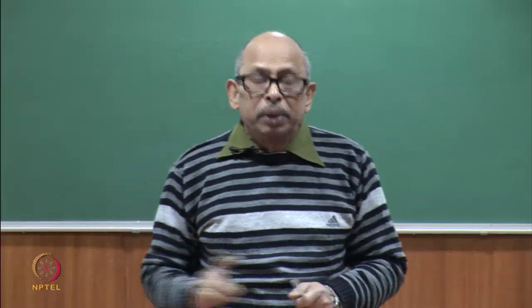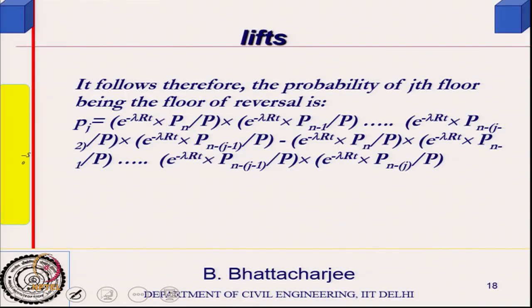Now, if you want to find out the floor of reversal, the jth floor being the floor of reversal, like we did last time, it is the joint probability of not finding any person in the nth floor, n minus 1th floor, n minus jth floor, etc., up to one floor above jth floor.